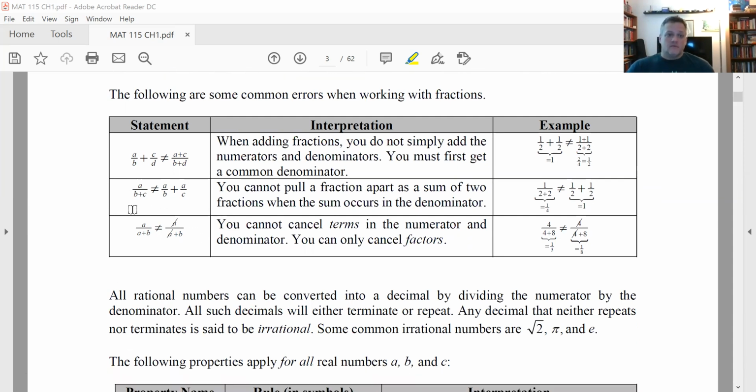And then even similar to that is if I have the same term in top and bottom, but I'm adding in the bottom, not multiplying, you cannot cancel those terms, right? Those are not factors. Remember, a factor is a number that when multiplied by another gives you a given quantity. Here, I'm adding the a and the b, I'm not multiplying them. And so I cannot cancel those common a's.